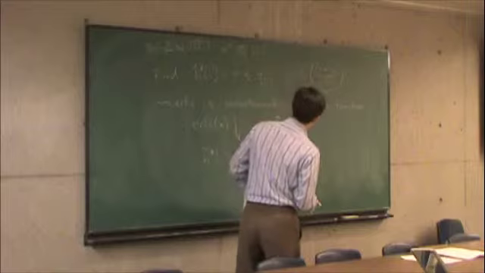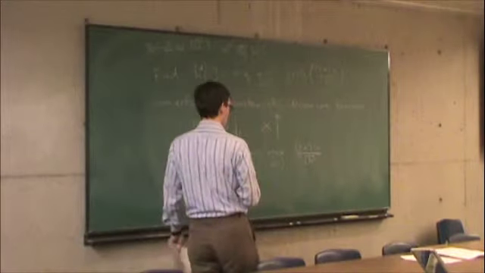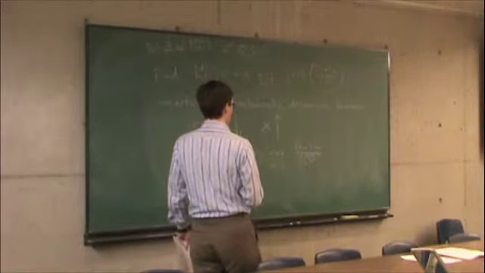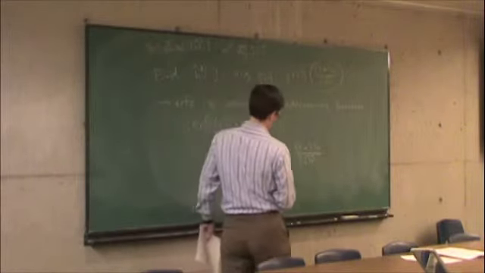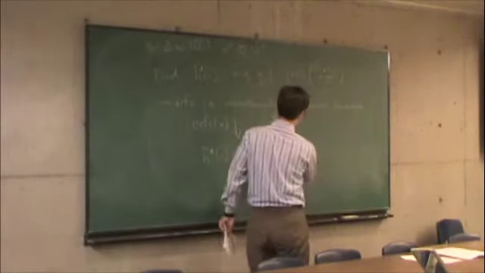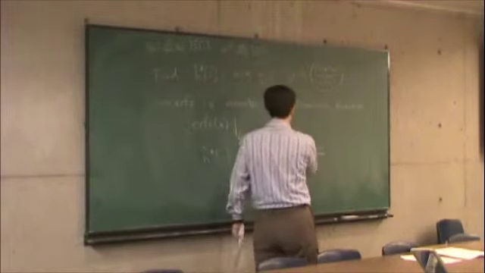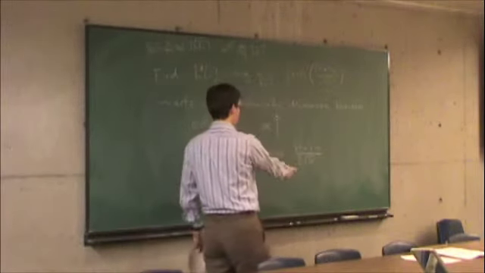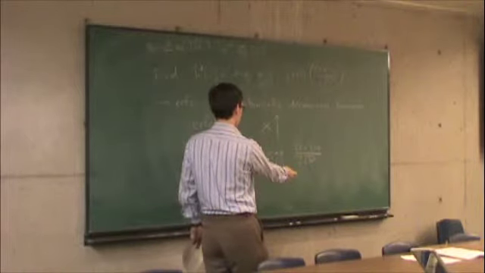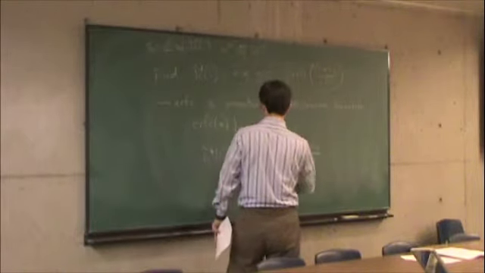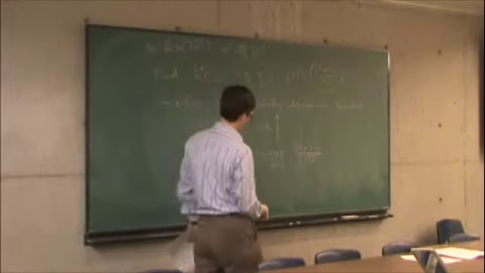What else can I do? These constants don't make any difference. Because I'm multiplying by positive constants, it doesn't really make any difference to the argmax.